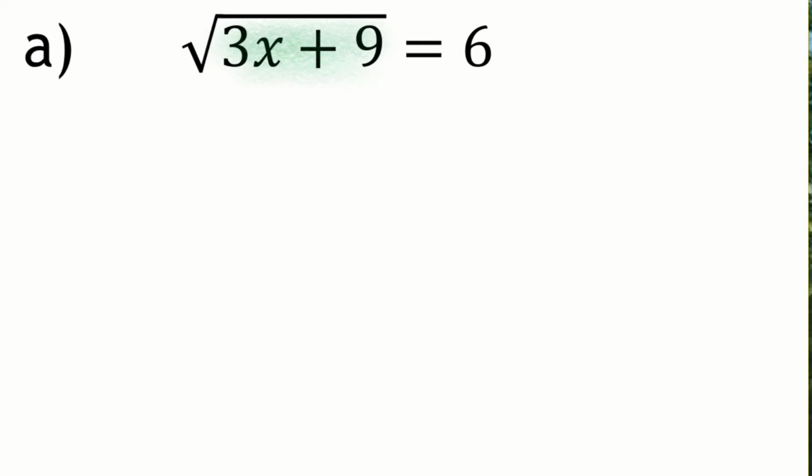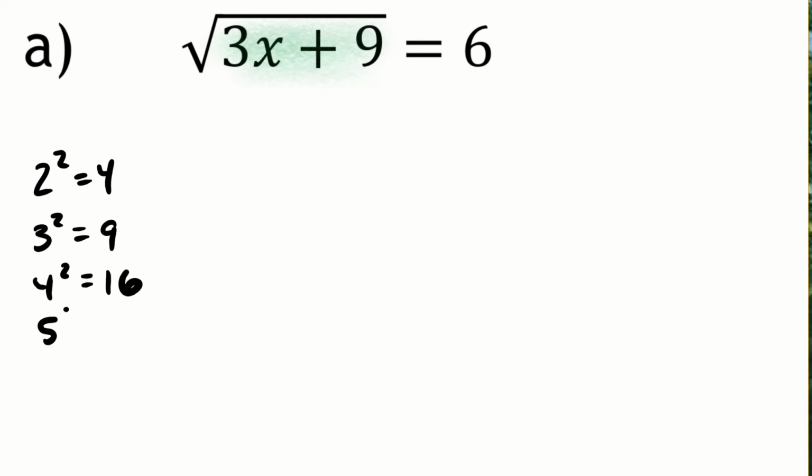Squaring and square root, I could look at a couple perfect squares, like 2 squared. I could look at, for example, 2 squared, and I can see, oh, that's the number 4. 3 squared, that's the number 9. 4 squared, that's the number 16. 5 squared is the number 25.